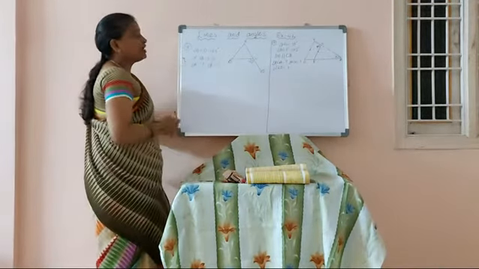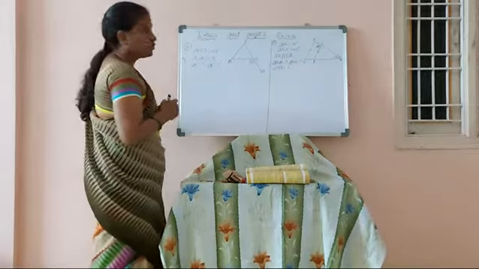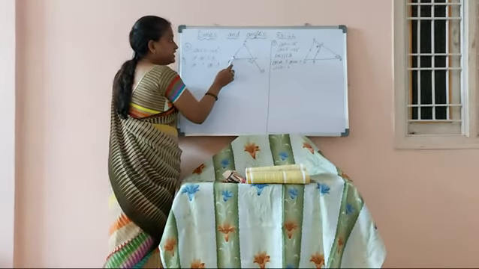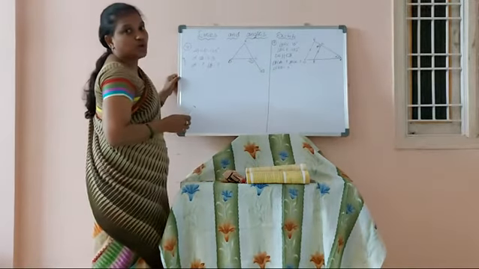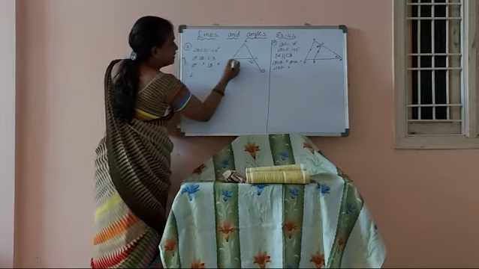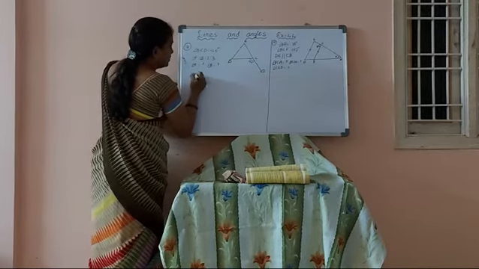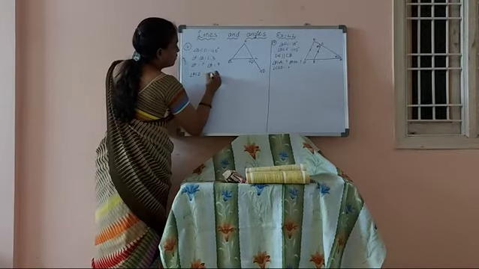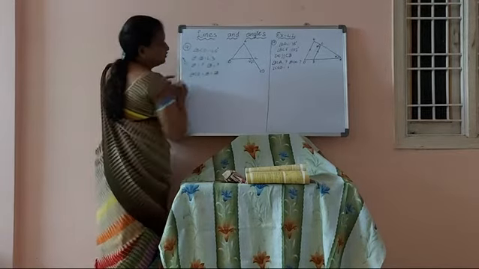We already knew that the exterior angle is equal to the sum of the two opposite interior angles. So angle BCD is equal to angle A plus angle B. We knew this.